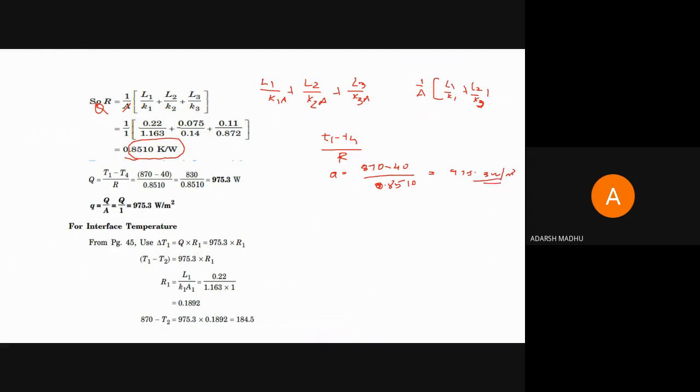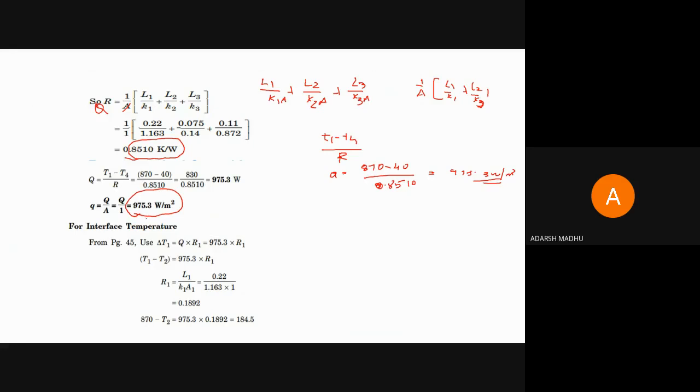Q equal to Q by A, which means the rate of heat transfer per unit area is 975.3 watt per meter square.